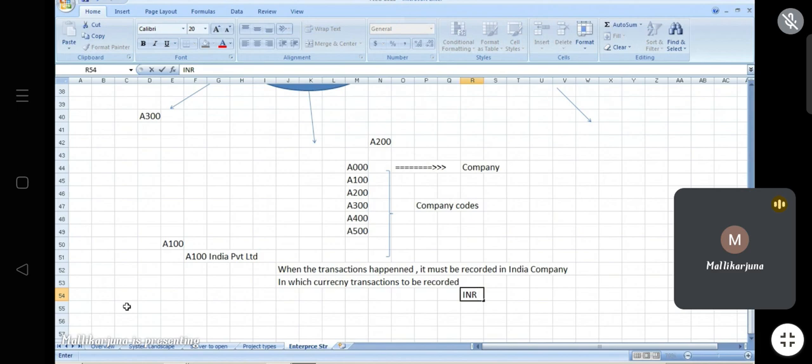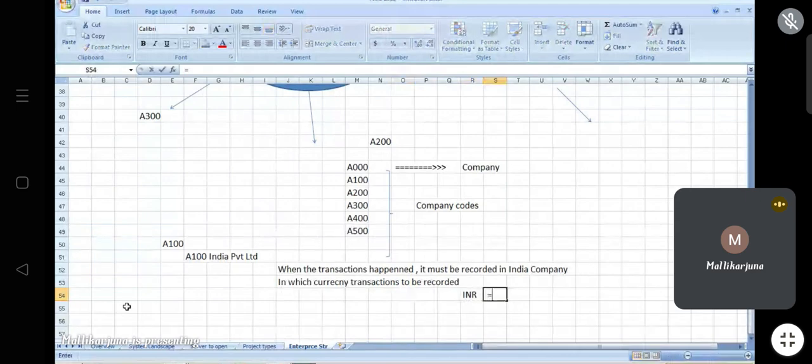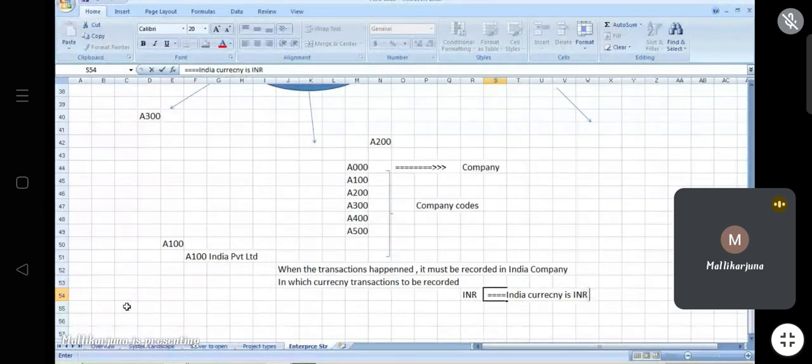First we need to understand the currency and the financial year. What is the financial year of India? These two factors one must remember when you talk about a company: the currency and the financial year.